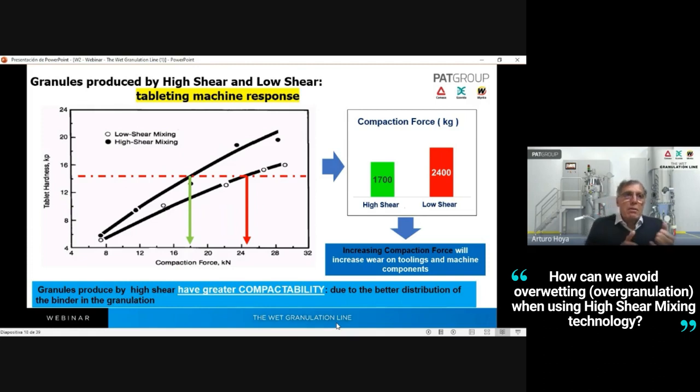So what we have to do is control the volume or quantity of water or solvent, control the impeller speed, and control the granulation time. We have to be near the machine, look at the monitor, and stop the machine at the precise moment.